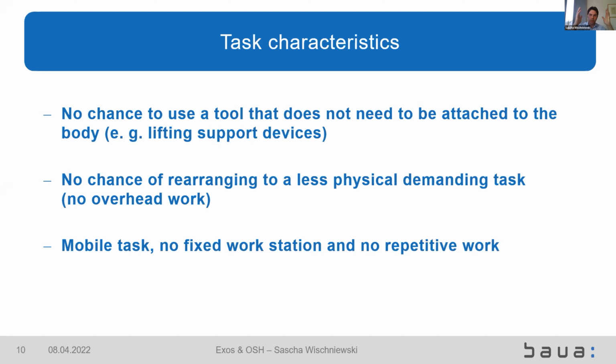So basically, if you do overhead work and there's any chance to get the workpiece lower, below your heart level, that's the way of doing it, maybe before using an exoskeleton. Also, and that is closely linked to the other two bullet points, consider if the task is mobile, if you don't have a fixed workstation, and do not have repetitive work. Because if you have that, then you should really consider whether there is another tool I can implement to help with the challenging task.